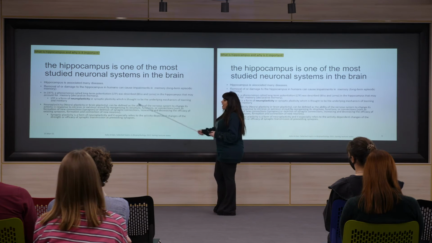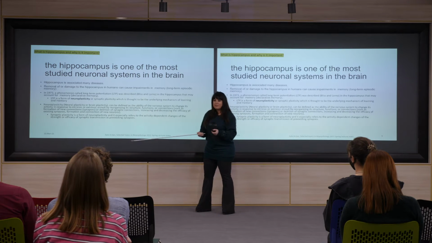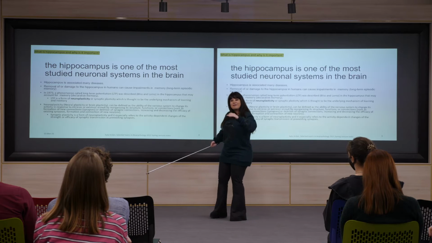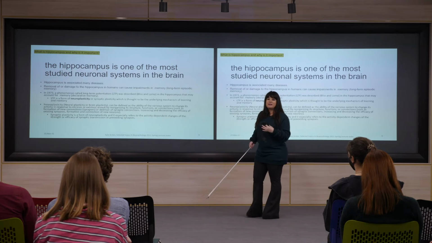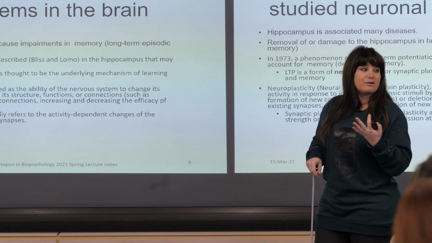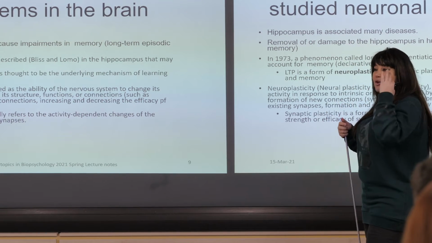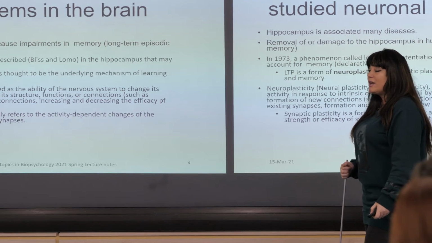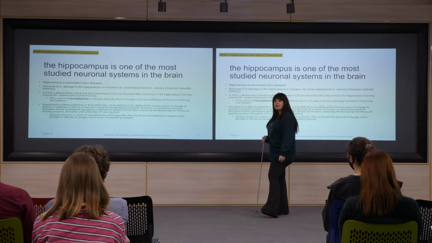Okay, so now let's come back again. Why is the hippocampus famous? Because it has been studied in different levels of complexity. One level is studying hippocampal function by means of neuropsychological studies. What are neuropsychological studies? For example, when a patient has certain brain regions removed as a result of a surgery, and then behavioral assessments are conducted on that case.